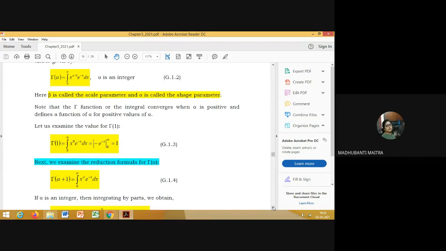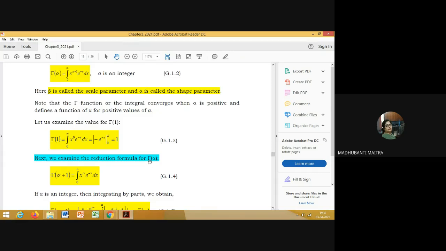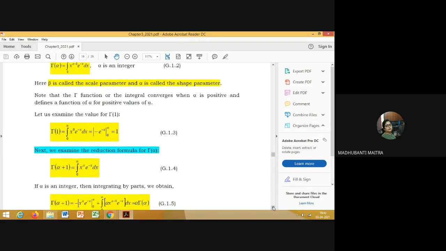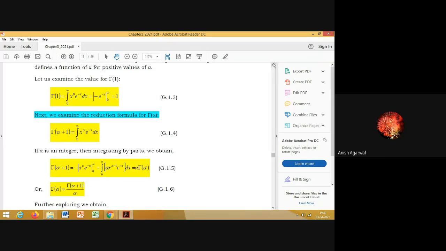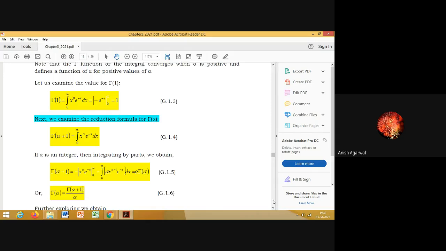Next we examine the reduction formula for tau alpha. Tau alpha plus 1 will be the integral of x to the power alpha into e to the power minus x dx. Gamma of alpha plus 1 is alpha into gamma of alpha.